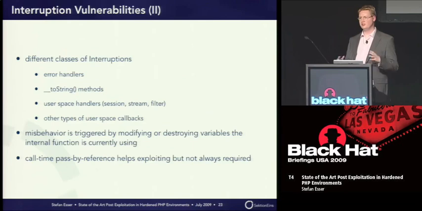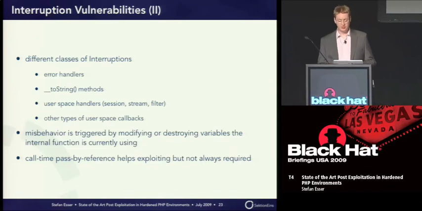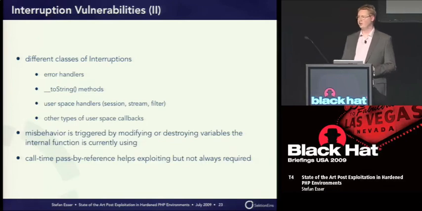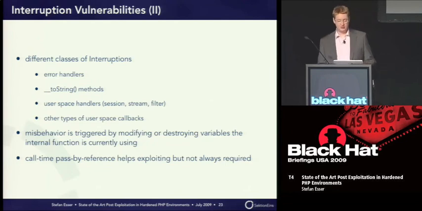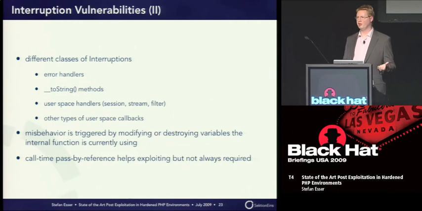Like I said, PHP internal functions are very well interruptible, and there are different kinds of interruptions. For example, you have error handlers. When there is an error in the handling of PHP variables, then PHP will internally call the error handler, and a PHP script can register a user space error handler.